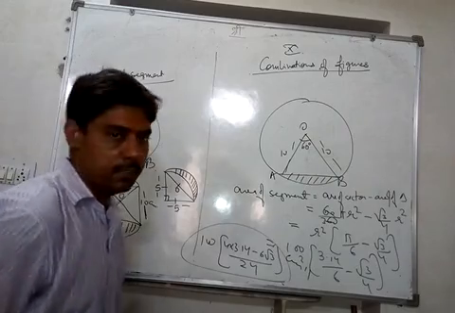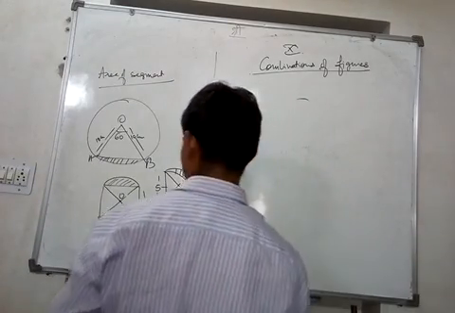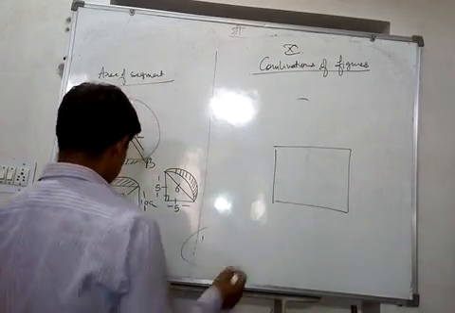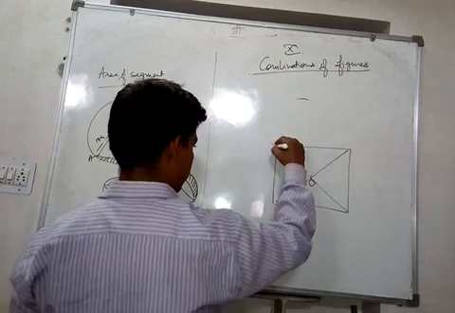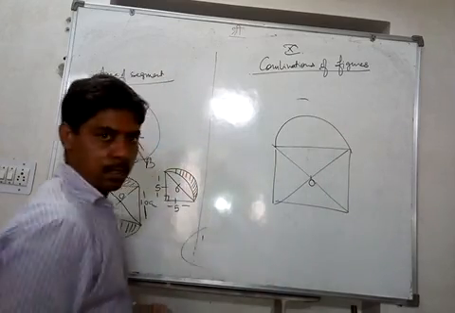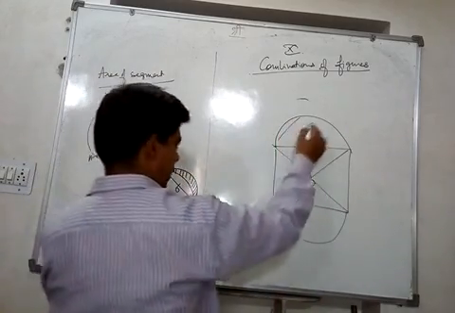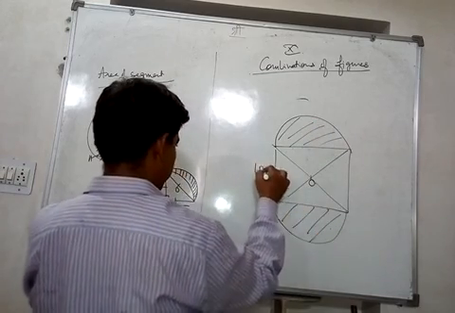Now we'll do another question. Suppose you have a square here, and these are the diagonals of the square. Taking the center, a quadrant is drawn here and here. Find the area of this shaded region, this region and this region. Suppose the side of the square is 10 centimeter.